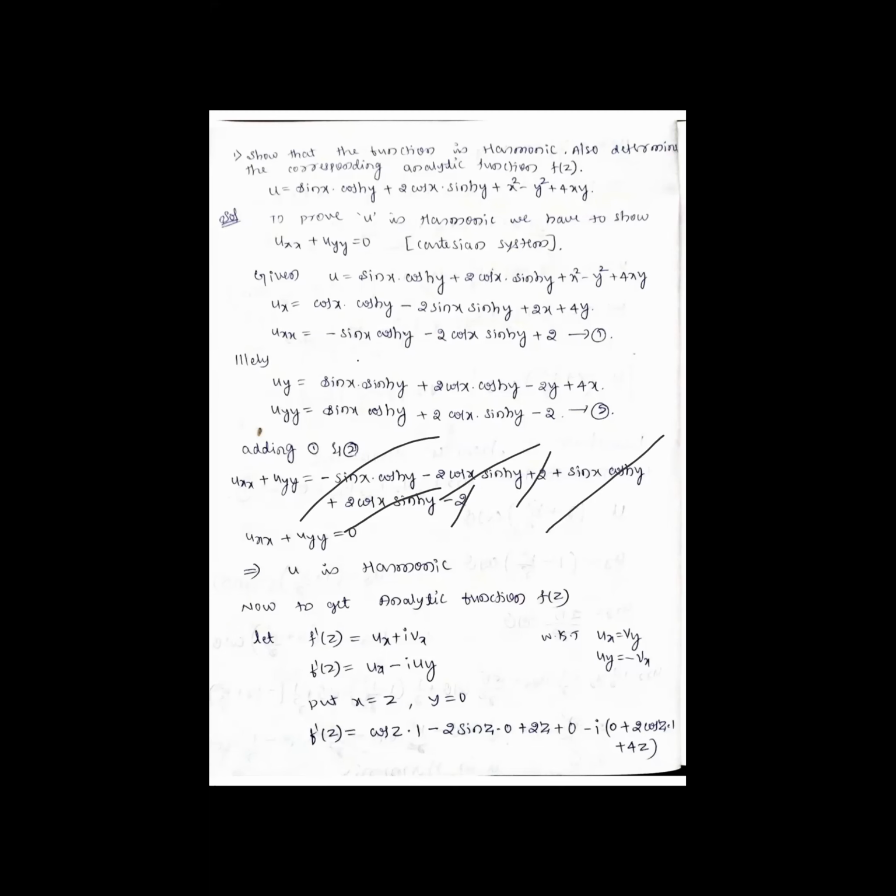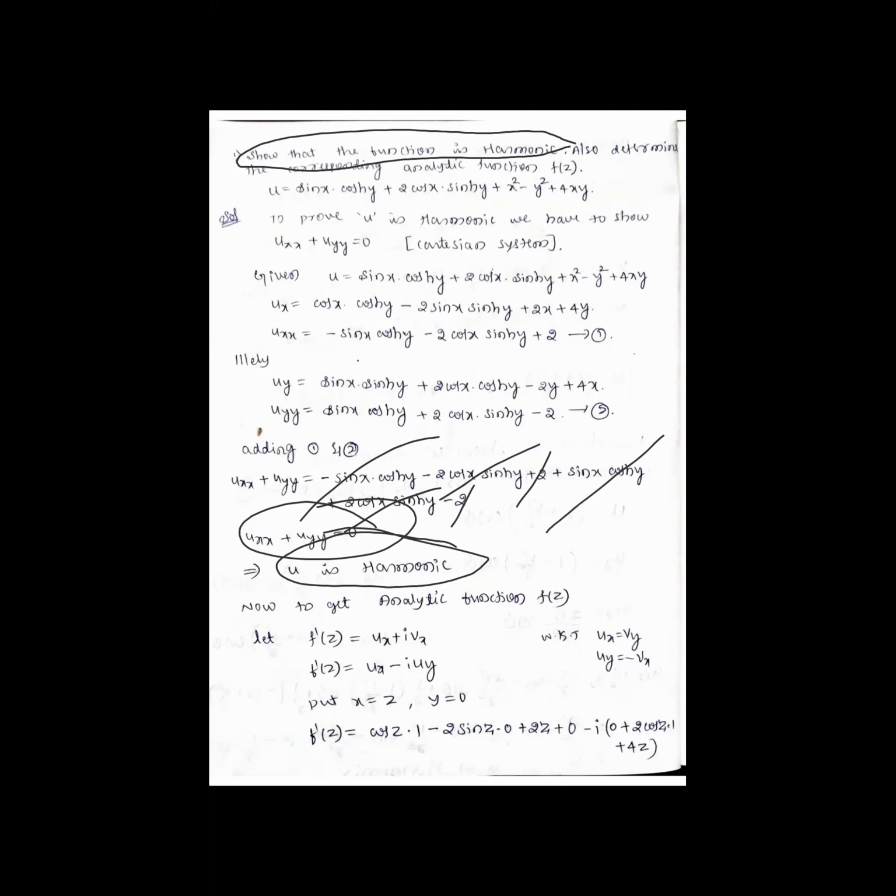Finally we are getting 0. So when uxx plus uyy equals 0, I can conclude that u is harmonic. The first part is proved: the given function is harmonic.